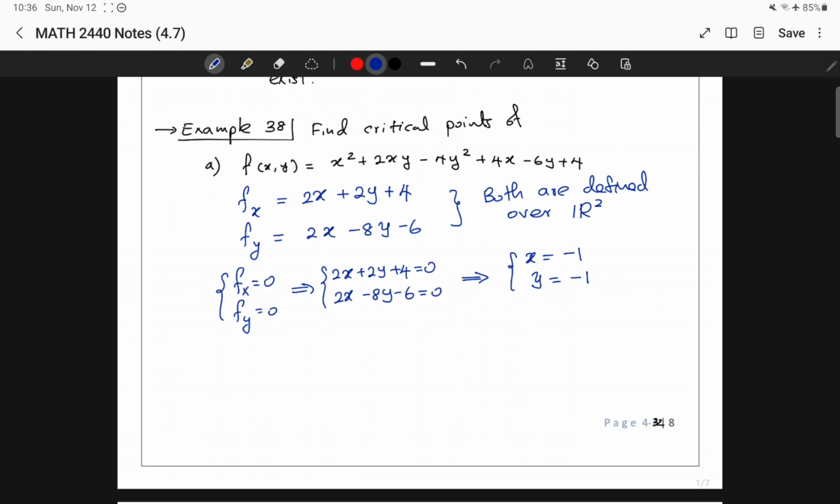Okay, now that means we only have one critical point. So this is the unique critical point. The function has only one critical point, which is (-1, -1).